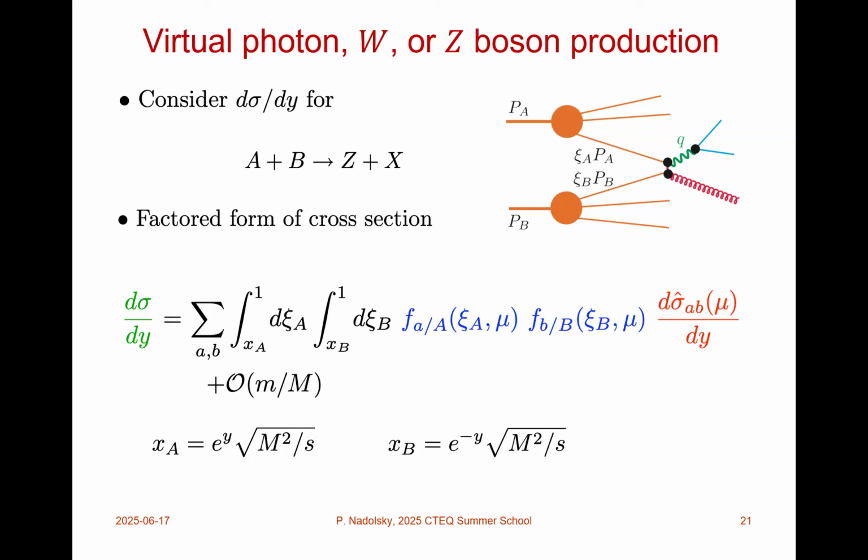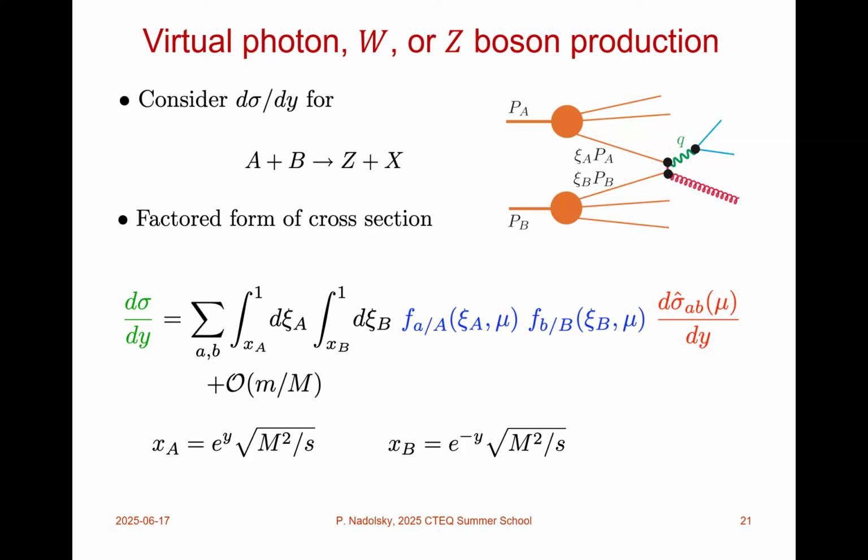Higgs boson production is like a Drell-Yan process, except it is produced in the scattering of two gluons, not of a quark and an anti-quark. Kinematically, they are all very similar, and the factorization formula is also very similar. Typically, we can plot this cross section as a function of the rapidity of the Z or another final state.